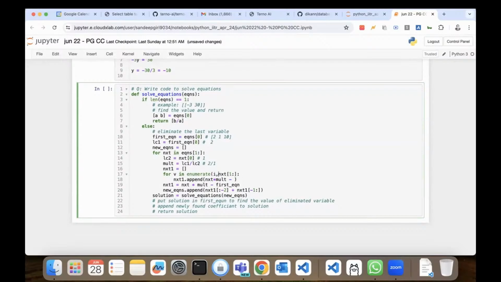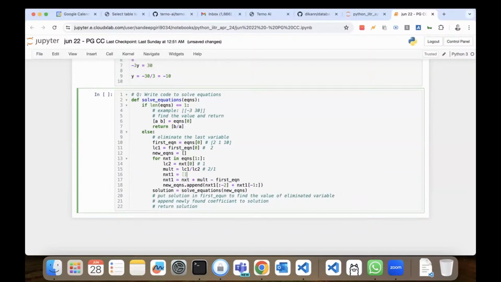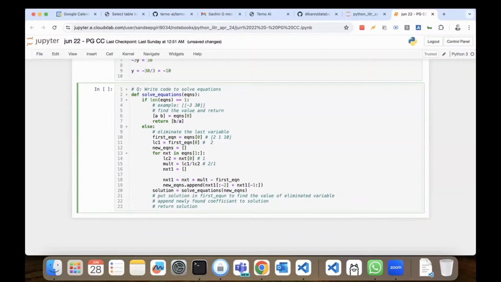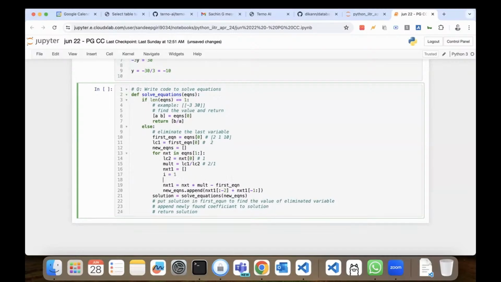How would you do it? Anyone? We will have to say i equals 1, and we will say for i, while i less than length of next, right?